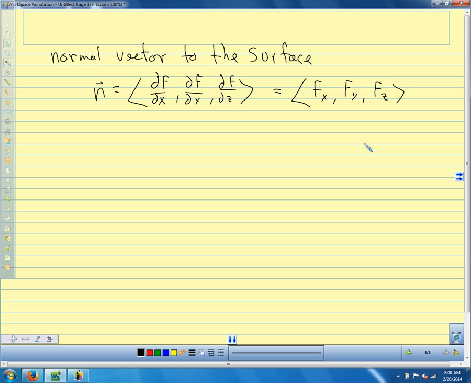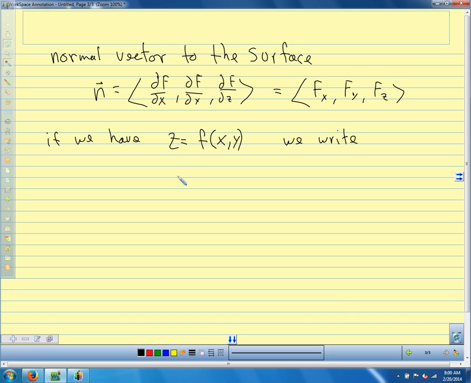Now, before we write the equation of our plane, if we have the equation of our surface, z equals f of xy, we need our surface in the form f of xyz equals a constant. So we rearrange this.